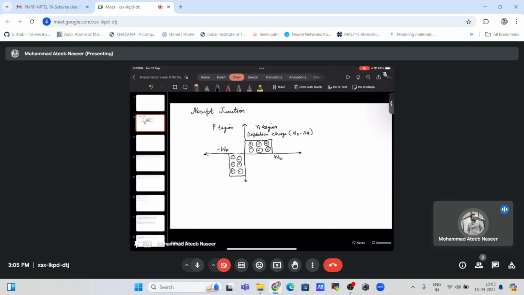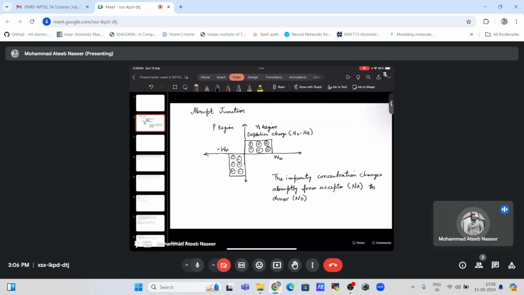So this is an abrupt junction because the impurity concentration changes abruptly from acceptor, that is Na, to donor, that is Nd.